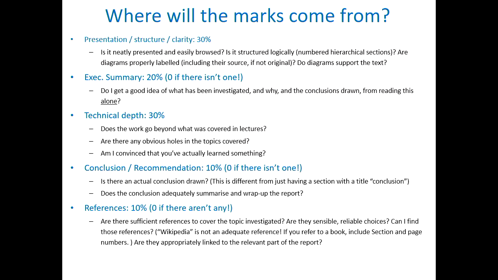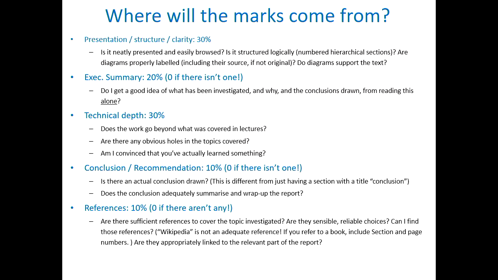And references are important, and they'll constitute 10%. So you're expected to include references, but also are they sensible references that are reliable? You can't just refer to Wikipedia. Is it a peer-reviewed journal, an IEEE paper, or something that you're referring to, or is it someone's blog?